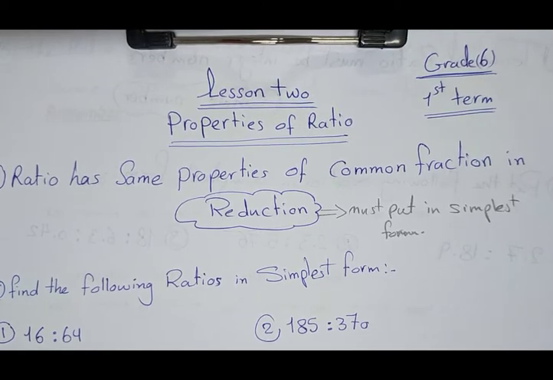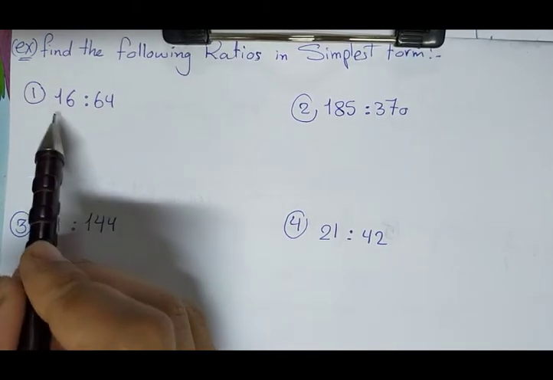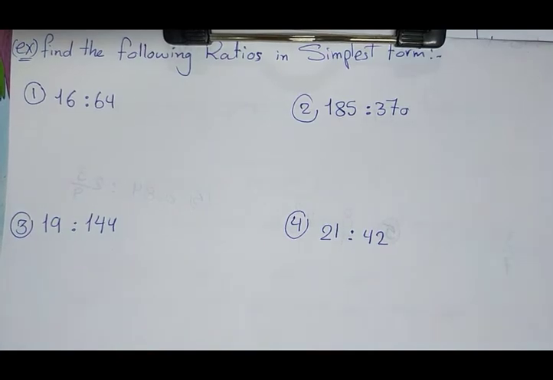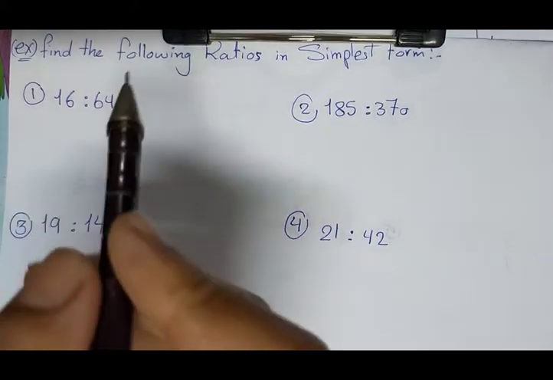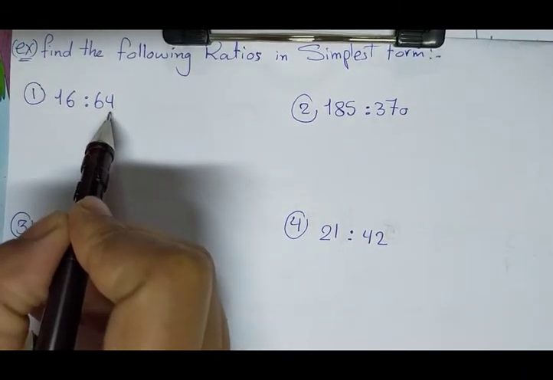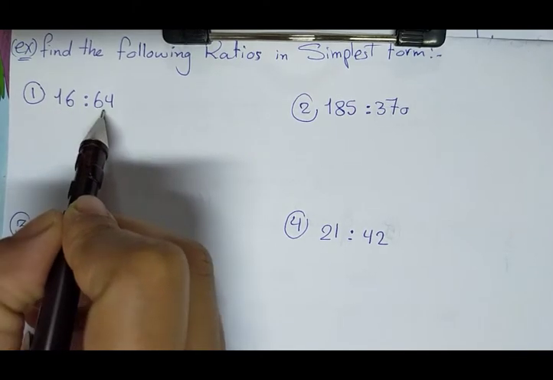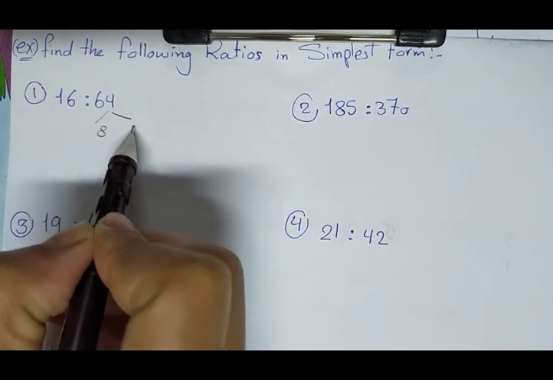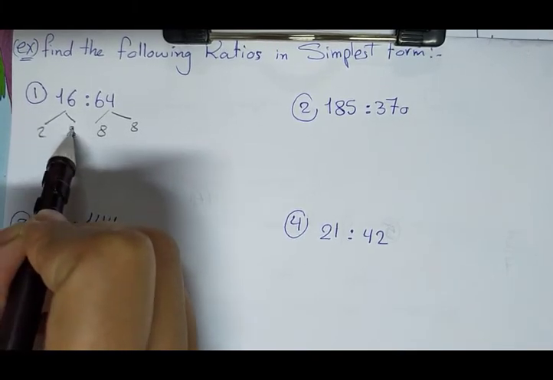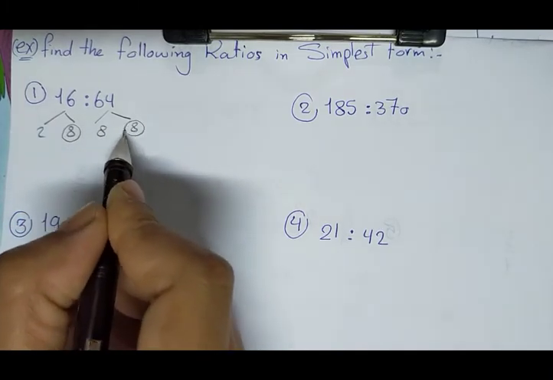First example: put the following ratio in simplest form, 16 to 64. I can simplify by dividing by 2, since this is an even number and this is an even number. But I know 64 is 8 times 8 and 16 is 2 times 8, so I can simplify by dividing by 8, the common number.